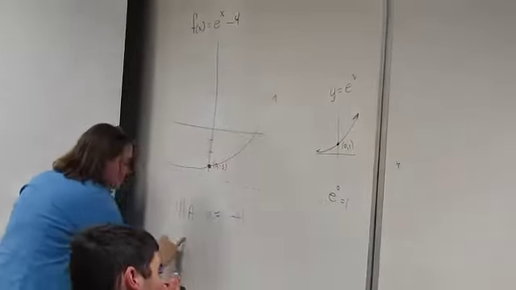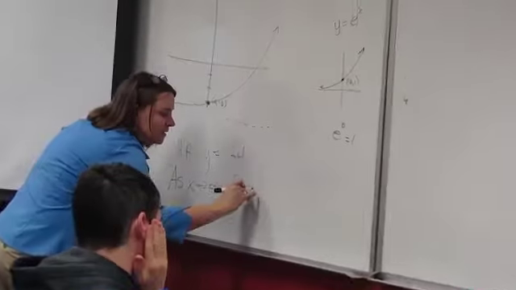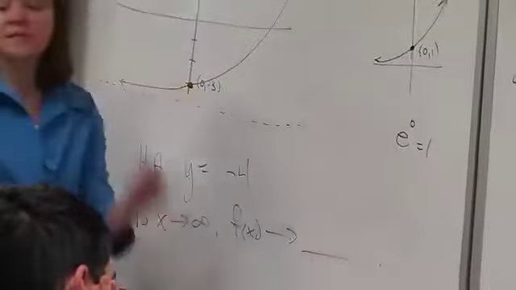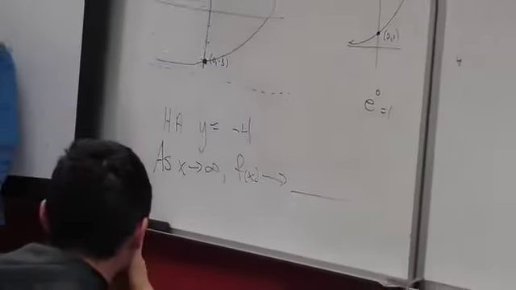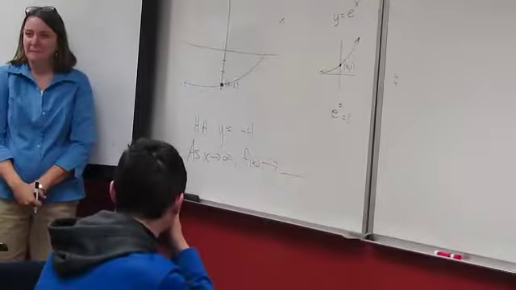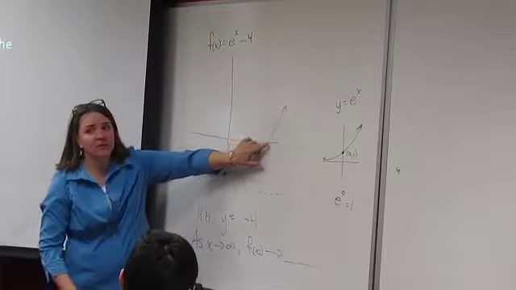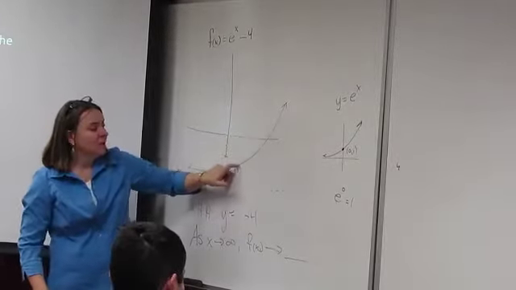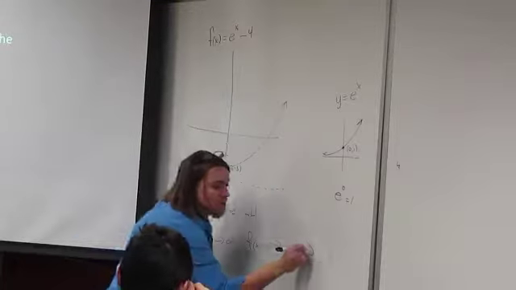Follow-up question. As x goes to infinity, what happens to f of x? As x goes to infinity, the corresponding outputs get bigger and bigger without bound. That's why we put an infinity.